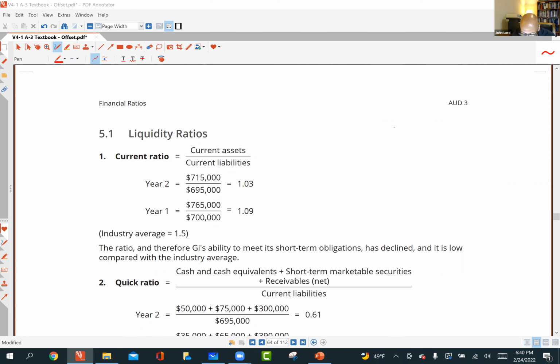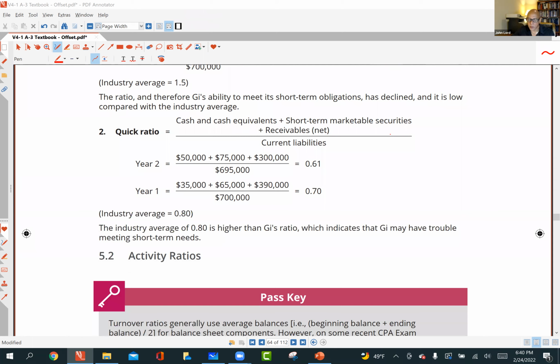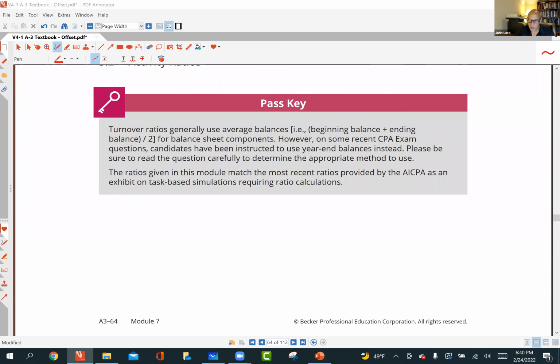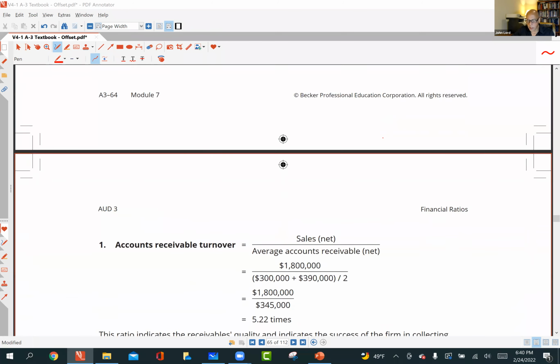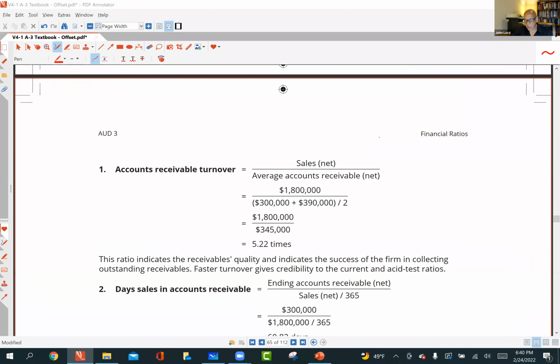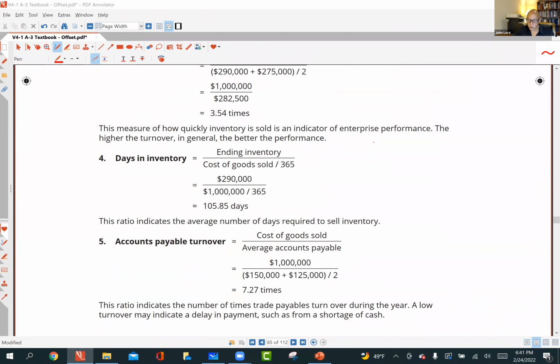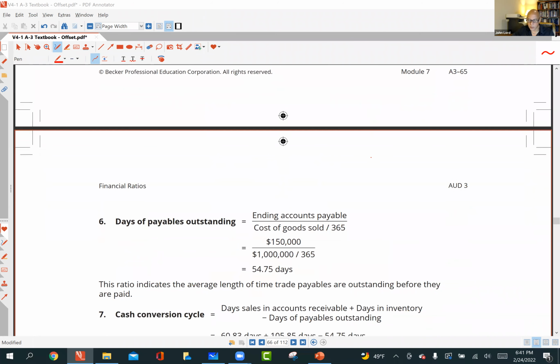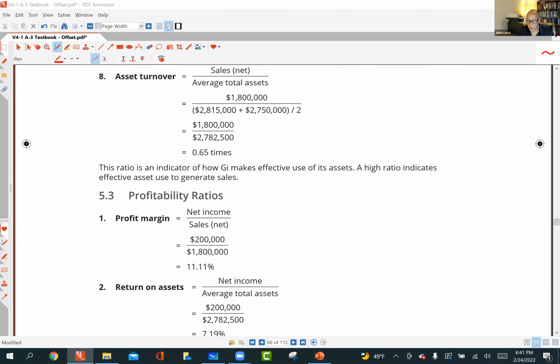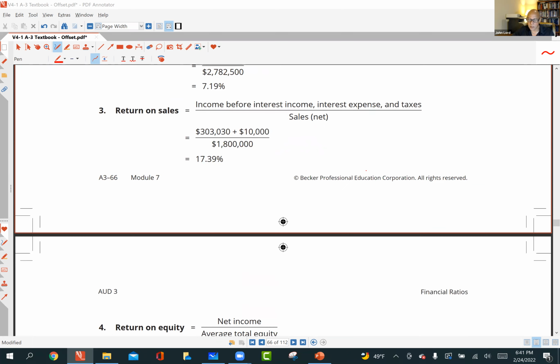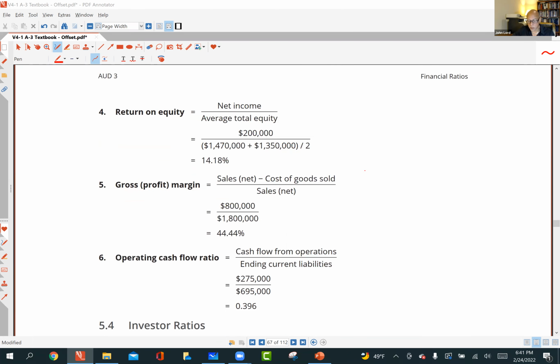You have to know every single ratio in here, because they're going to ask you to do a task-based simulation in which you calculate some ratios and also interpret what they mean. So you've got to be very comfortable with these ratios. Look at this on your own, get comfortable with them, and practice with the practice task-based simulation for this chapter.